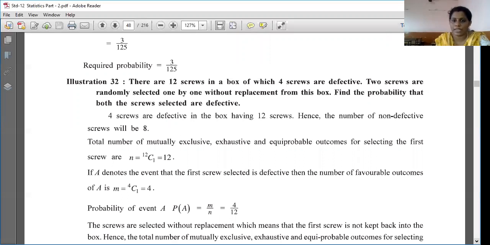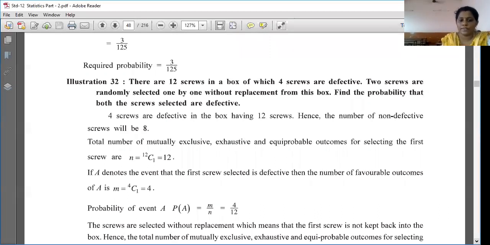We have to select defective ones, right? Now, 4 screws are defective and the non-defective are 8. First we have to find the total outcomes, that is n. Since it is one by one without replacement, first n will be 12C1.